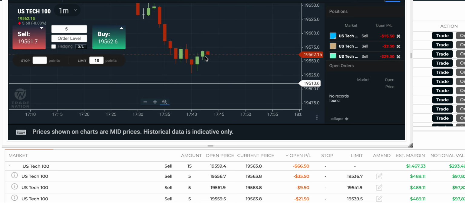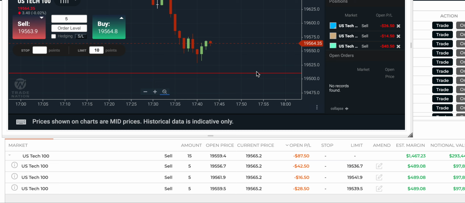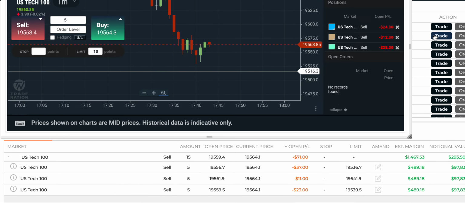So my limit order is 19,536 and 19,541, 19,539, and the support level we identified is going to go here. So we'll just wait for this, guys, and you could just have a look.